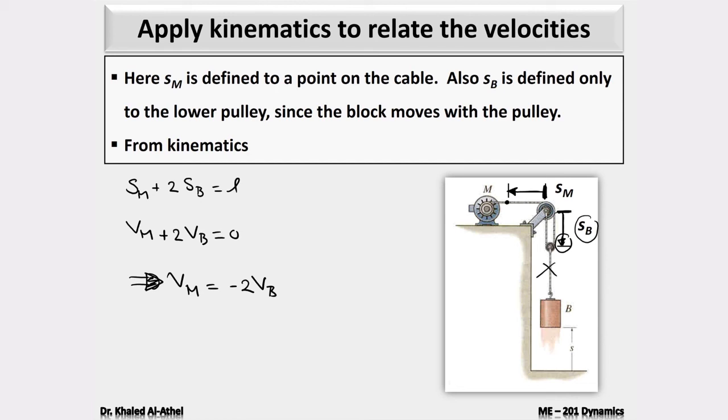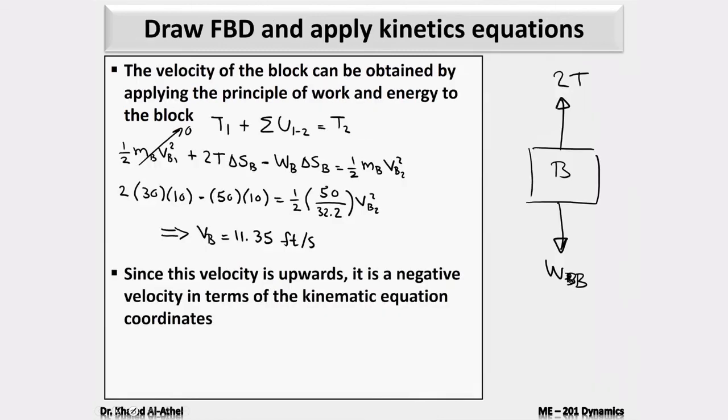So SB is defined from the datum to the block, so it was directed downward, so downward is your positive. Therefore, my velocity is 11 feet per second upward, so this is a negative velocity.